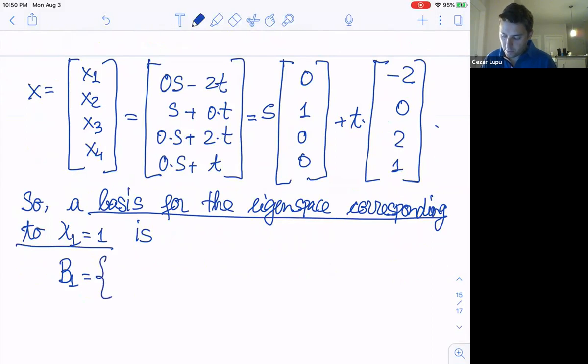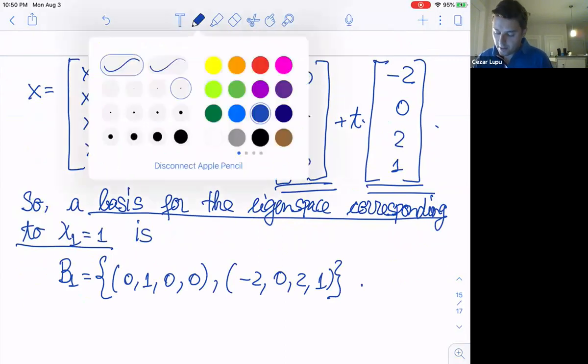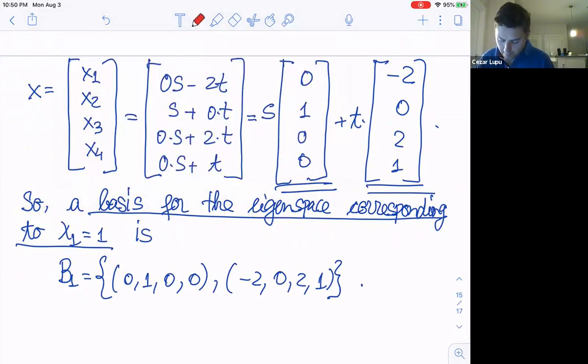It will be given by the vectors 0, 1, 0, 0, and negative 2, 0, 2, 1, right? The ones that you see here. So this is a basis for lambda 1 equals 1. Let's keep that in mind.